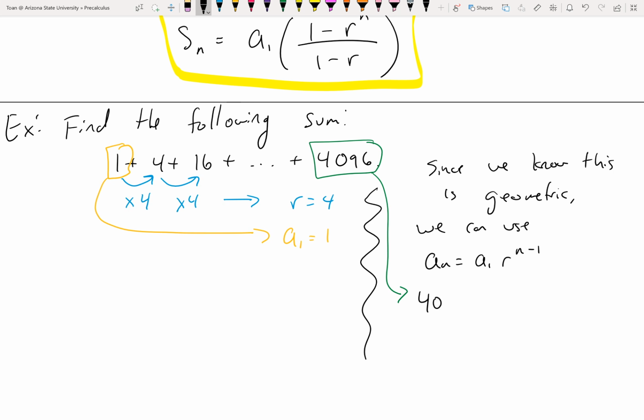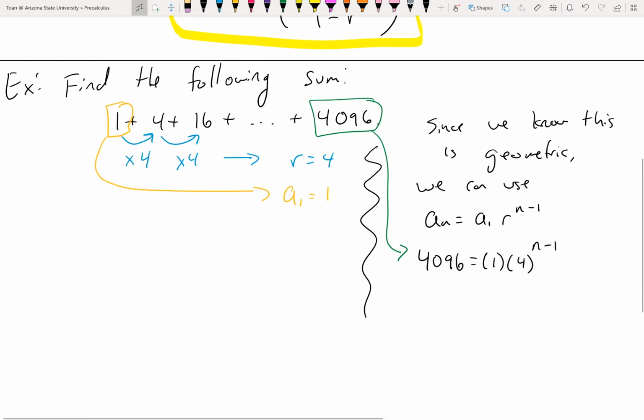So the value of 4096 is equal to the first term, which we know as 1, times r, which we know as 4, raised to the n minus 1 power. This is an exponential equation, so you're going to have to use logs or use knowledge of powers. So we get 4096 equals 4 to the n minus 1.